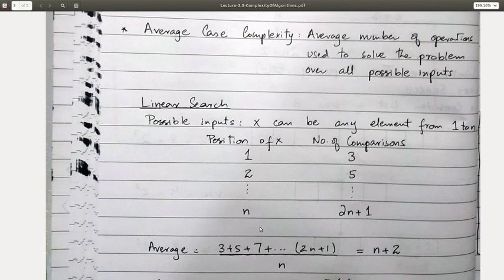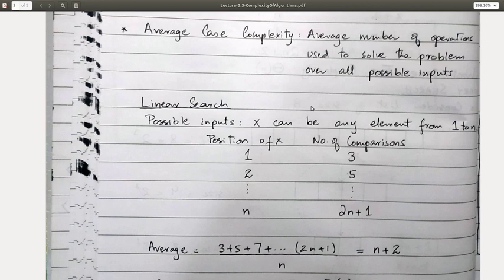And so let's consider what happens in the linear search. In the linear search, you have different possible inputs. You are trying to find an element X in your list, and the possibility is X can be in different positions.